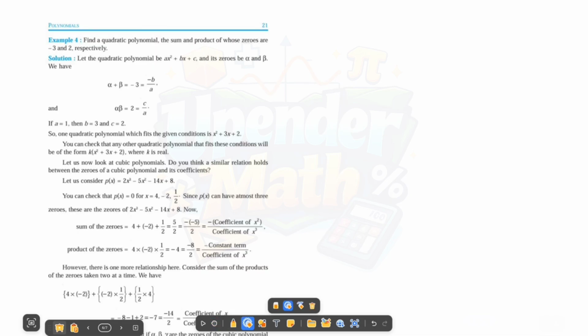Next, example 4. Find a quadratic polynomial, the sum and product of whose zeros are minus 3 and plus 2. Here the sum of the zeros is minus 3 and the product of zeros is plus 2. So we have to find the quadratic polynomial. Let alpha and beta be the zeros of the quadratic polynomial.